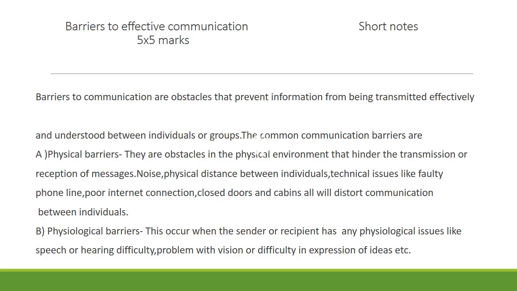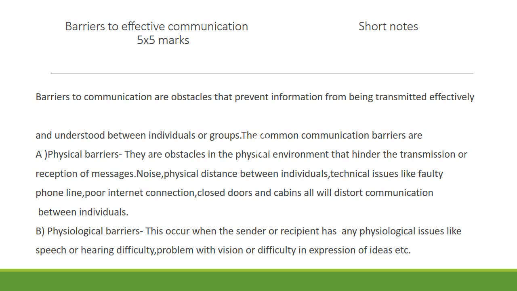And the second one is physiological barrier. This occurs when the sender or recipient has any physiological issues like speech or hearing difficulty, problem with vision, or difficulty in expressing ideas. So physiological barrier means there is a physiological deficit in the sender or in the recipient.